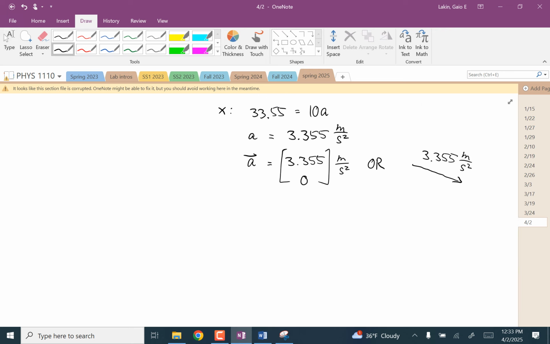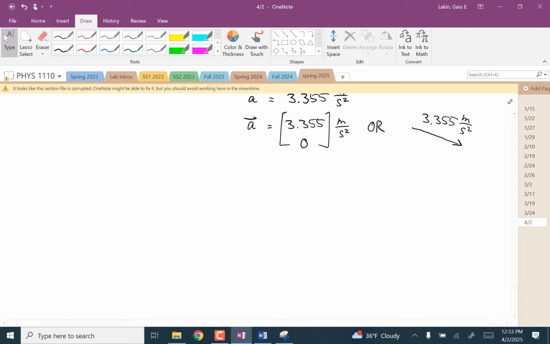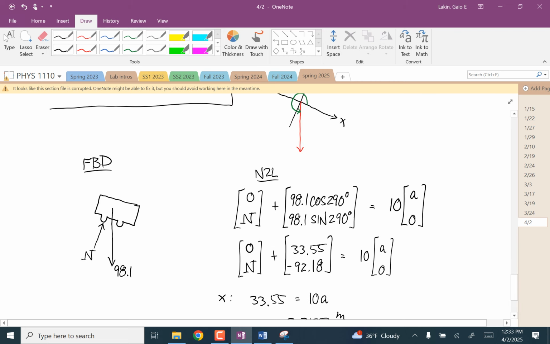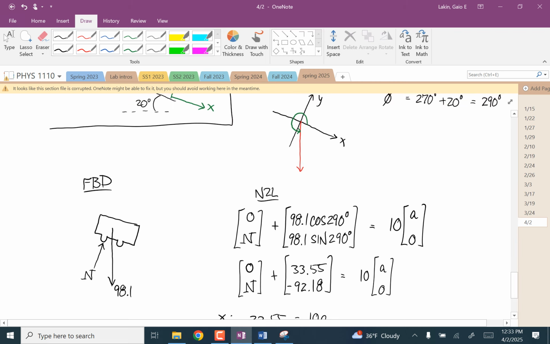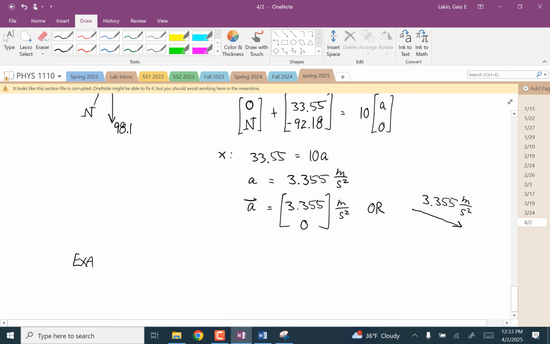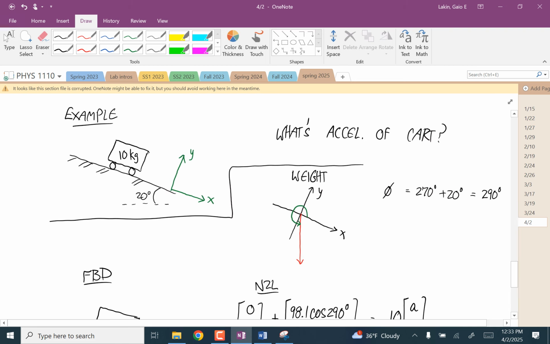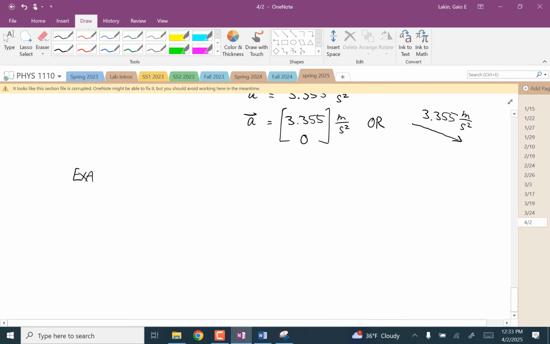Then you also can have sliding problems that do have friction. So let's do one of those. Let's say this angle is 30 degrees.